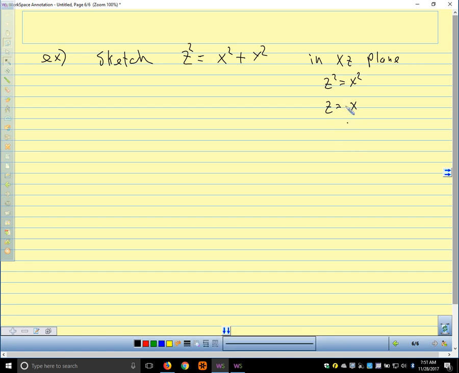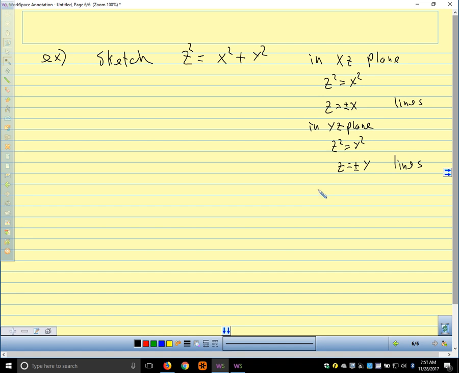So what is that? Or what are those? Lines. In the yz plane, we get z squared equals y squared, or z equals plus or minus y, lines.